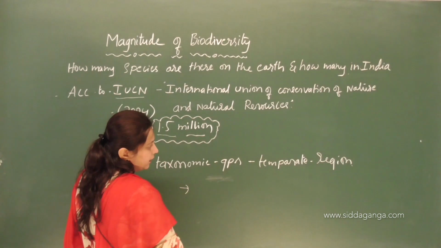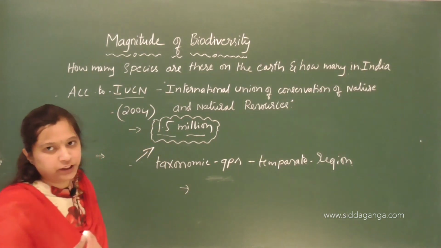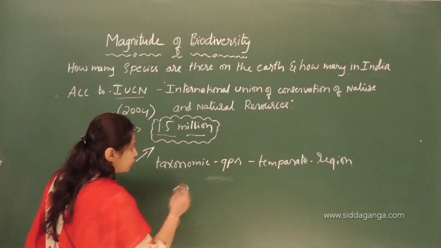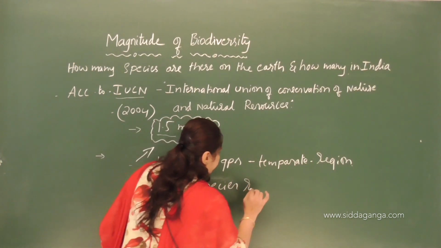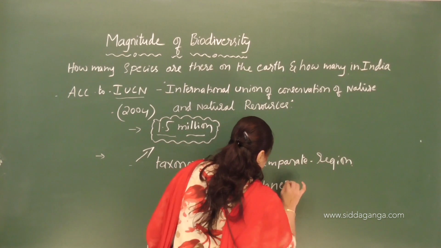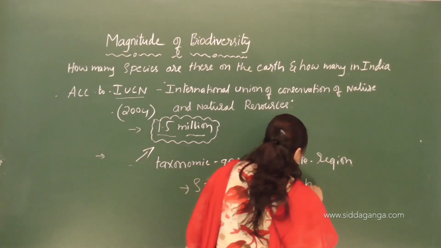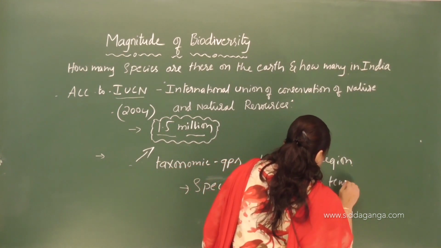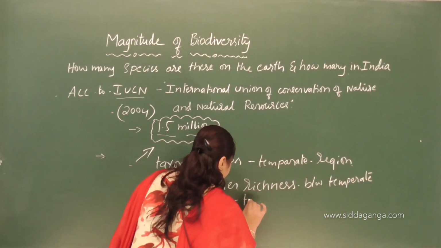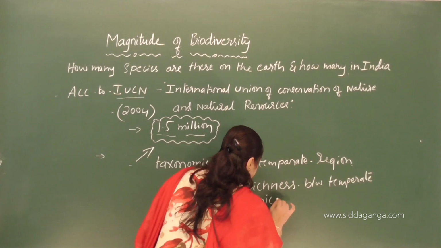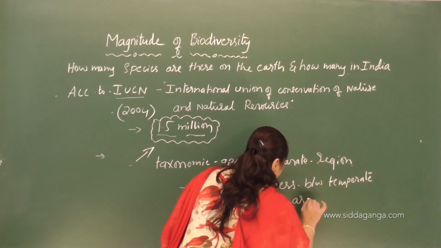So they estimated the number of species in tropical areas by comparing the species richness between the temperate and tropical areas. You know what species richness is.